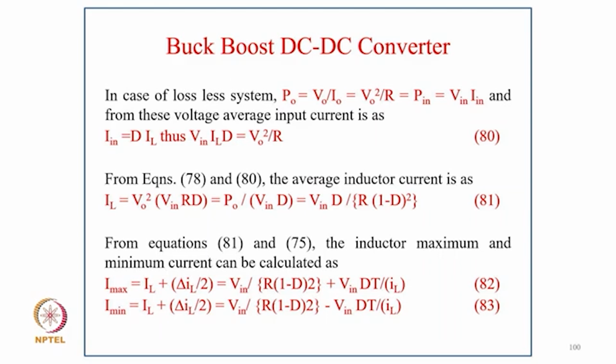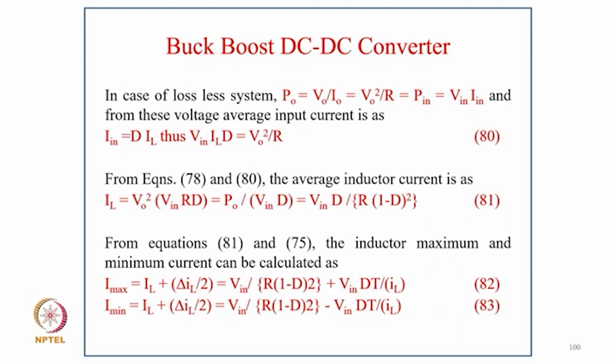From these equations the average inductor current is IL equal to VO squared/(Vin R D), or equal to Vin D divided by R(1 minus D) squared.